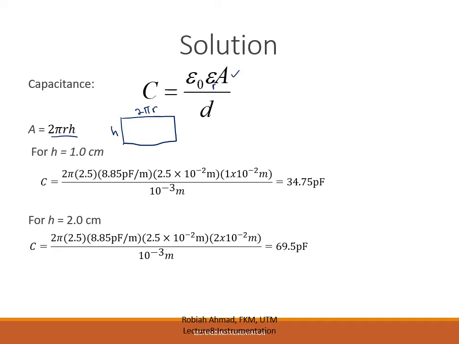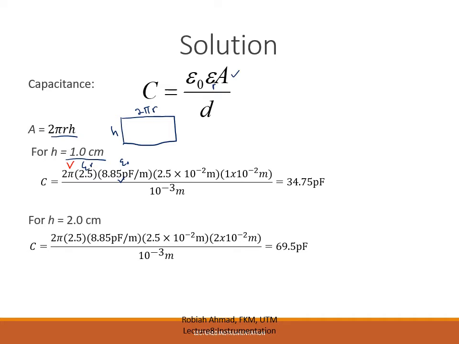Okay, so now we're going to calculate the capacitance value when h equal to 1 cm. So we have epsilon naught, epsilon r, this one here. Okay, then we have 2 pi.